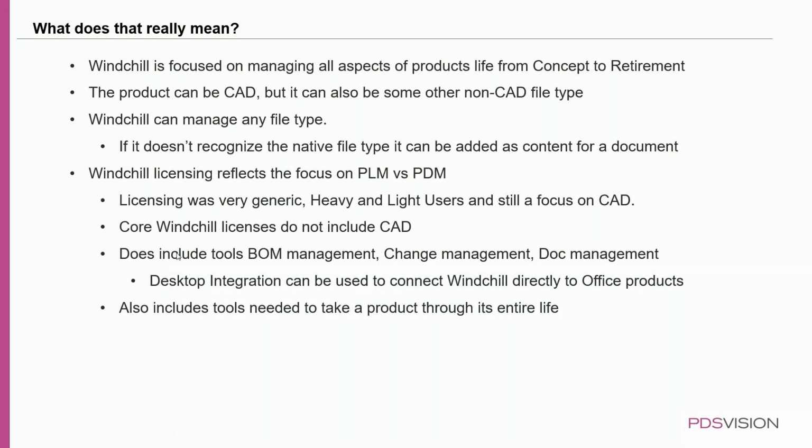So we're talking promotions, change processes, connections to quality, connections to manufacturing, all those things can be used as well. But also keep in mind, as I mentioned before, it is still a PDM system, so you still have the ability to use it as your base PDM system. So moving from PLM to PDM is not a difficult thing. And that's what we're going to discuss in just a moment.